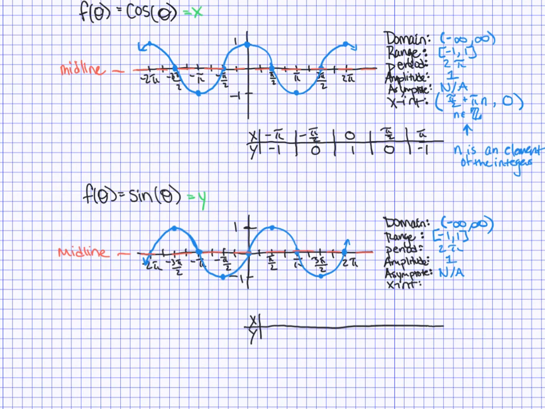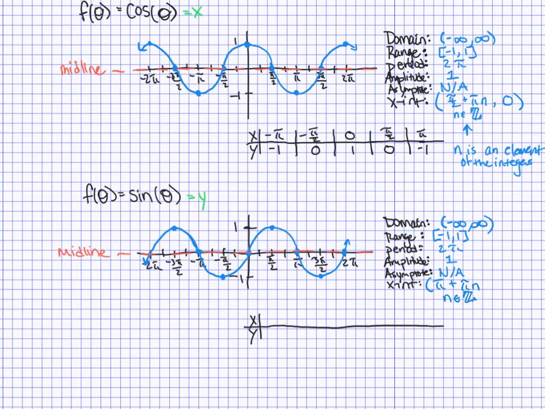So I'm going to start with saying, hey, I'm going to take pi, and I'm going to add however long it takes to get to the next intercept. In this case, pi. So from pi to 2 pi, it's a distance of pi. So I'm going to add pi, but I don't just want to add it once. I want to add it as many times as I want. So I'm going to say pi n, where n is an element of the integers.